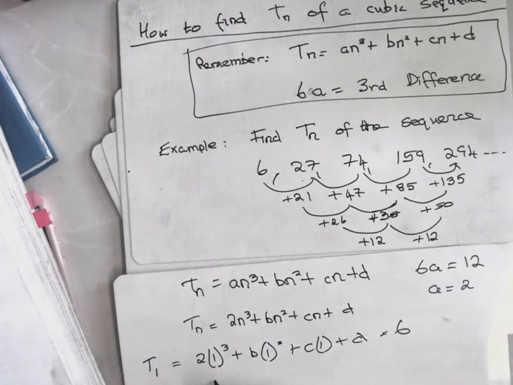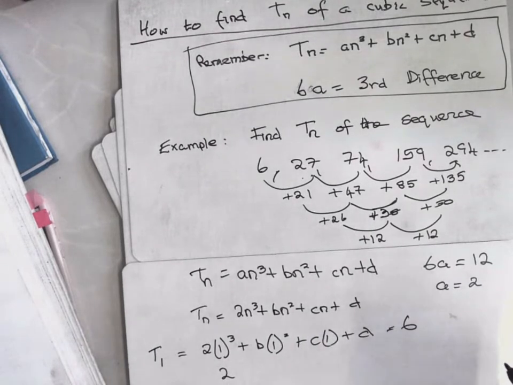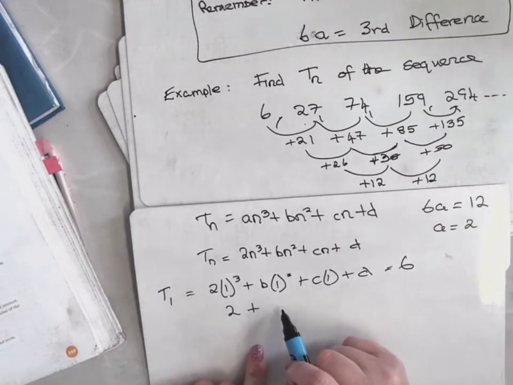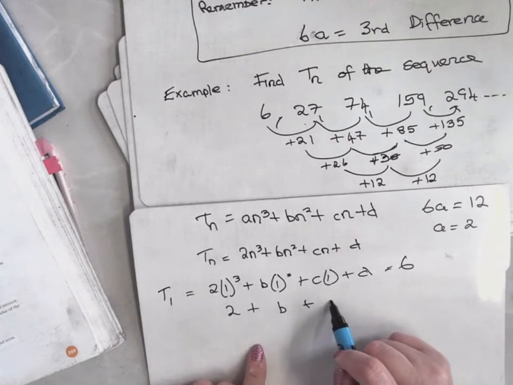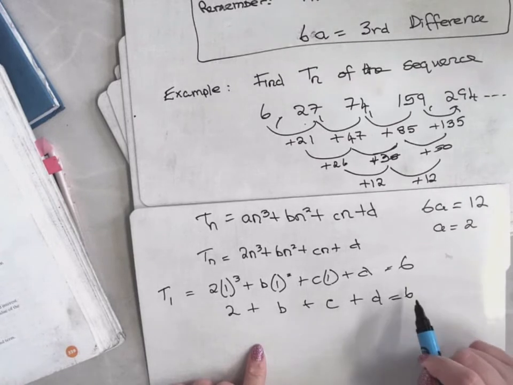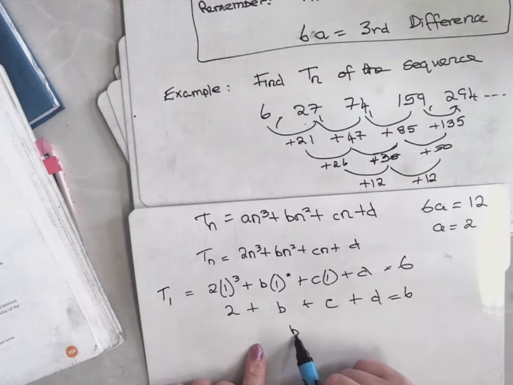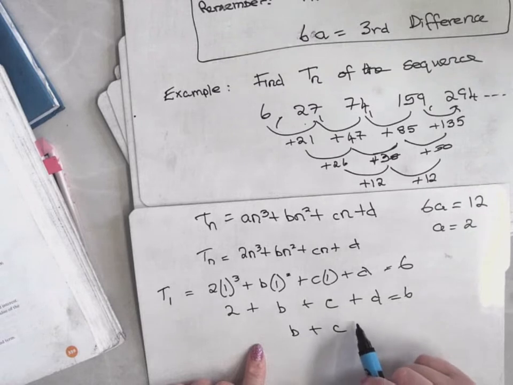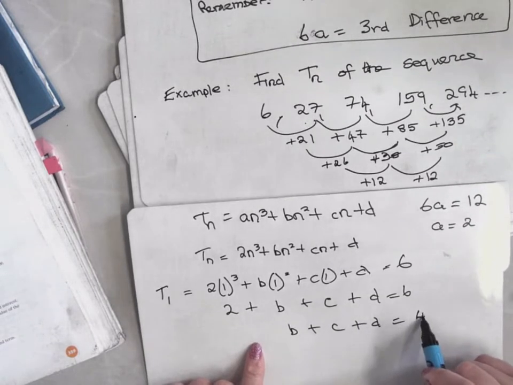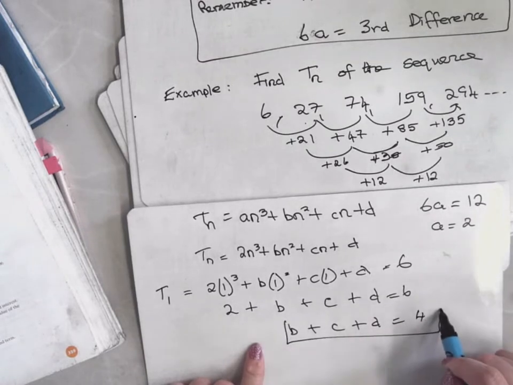That would be 2 plus B plus C plus D equals 6. Bring over the 2: B plus C plus D equals 6 minus 2, which is 4. That's equation number 1.